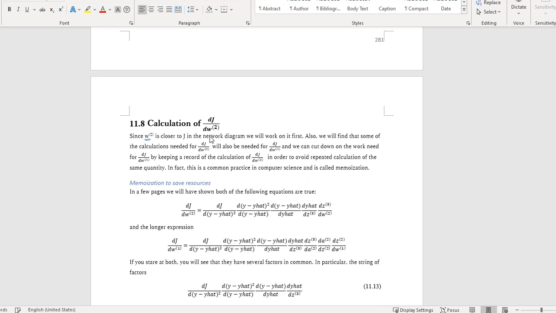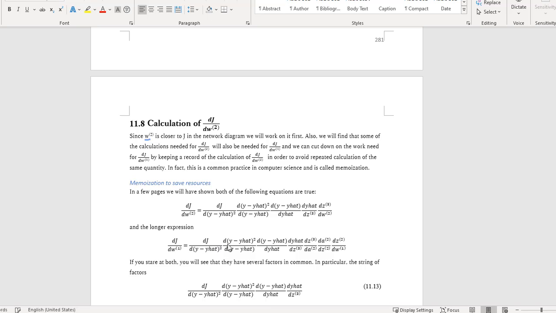The derivative of J with respect to W2, which I guess I could say is the most downstream set of weights. Actually, this is the derivative using the chain rule, and I think we talked about that a bit. So this is the derivative of J with respect to W2, and this is the derivative of J with respect to W1.